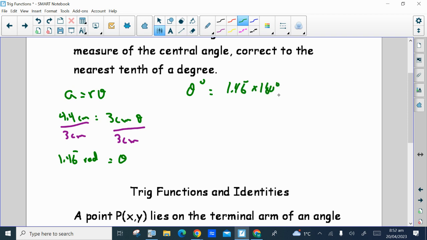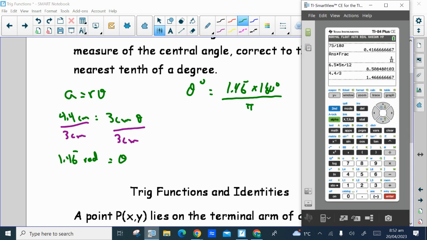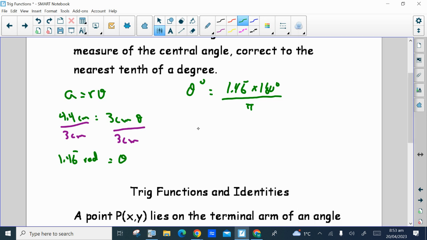So your answer gets bigger. And then divide by pi. So that decimal we'll keep in our calculator, multiply by 180, divide by pi. So to the nearest tenth, it'll be 84.0 degrees.